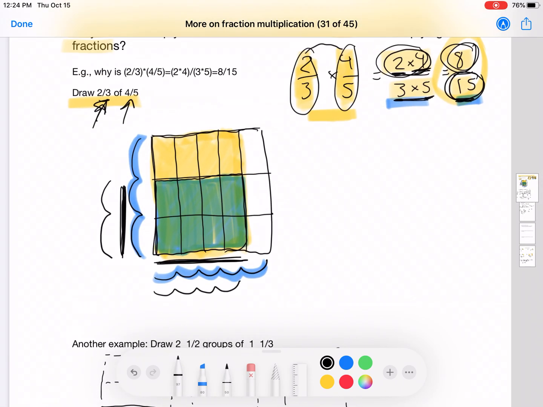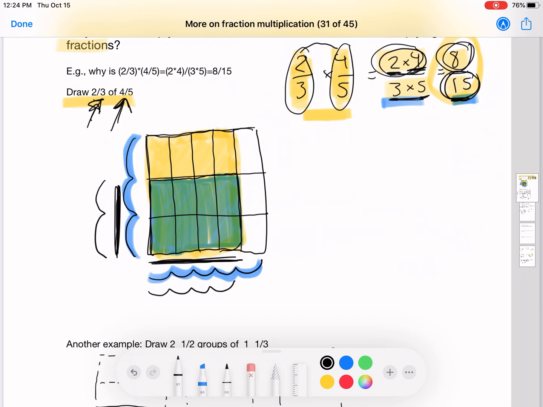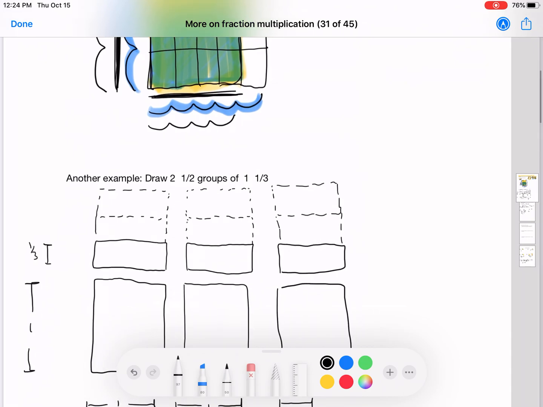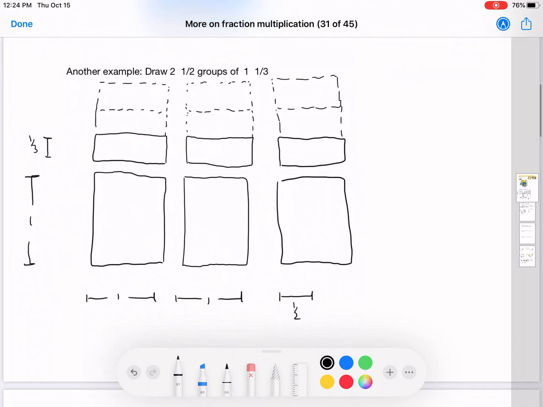In this one, both fractions were less than a whole. However, the method still works even when multiplying fractions greater than a whole. So let's draw 2.5 groups of 1 1/3. This is 1 1/3, and that is one group.